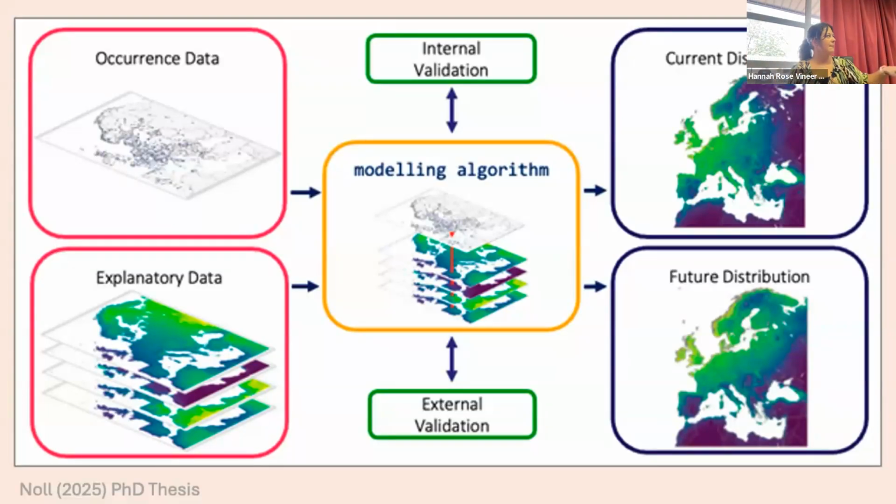Once you're happy that the model is giving you something useful, you can then project it onto the current weather conditions. As Lingasisi was saying, you can then use these methods to find the likelihood of that area being suitable for those ticks, even though we have never sampled in that area. So we can make those predictions and also predict the future distribution, under different scenarios of climate change, for example.